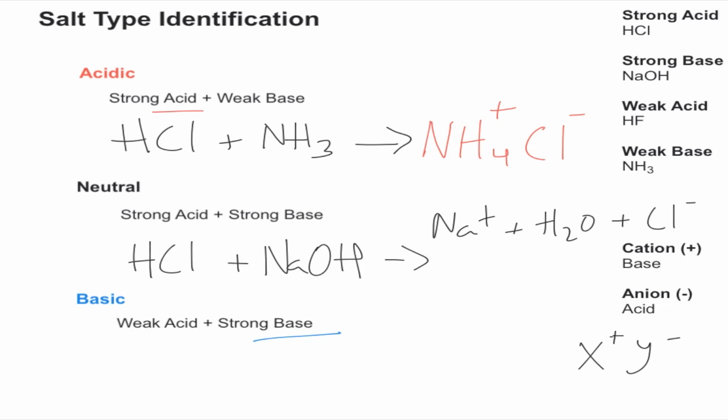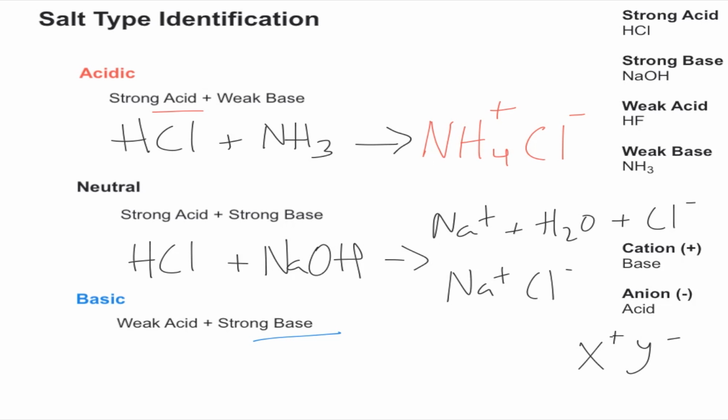So actually our neutral salt will be Na plus Cl minus, and we'll have water. Just as a reminder, the easiest way to think about it is you have the strong base here, and the cation to form the salt, in this case Na plus, is coming from that base, and the anion to form the salt, Cl minus, is coming from our acid HCl.